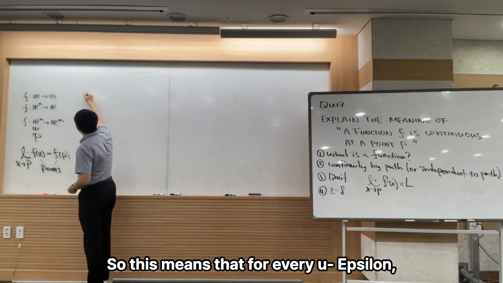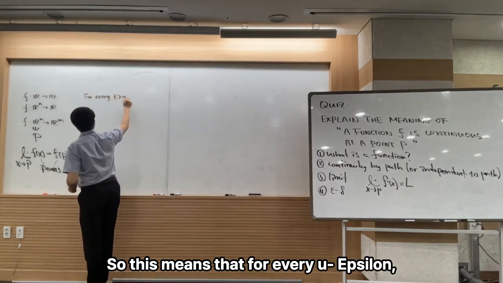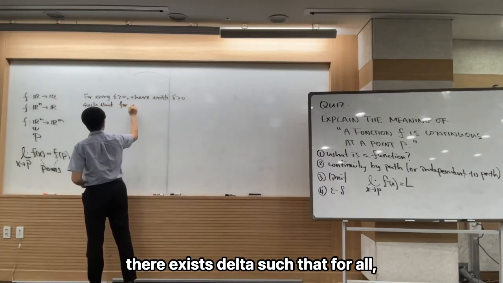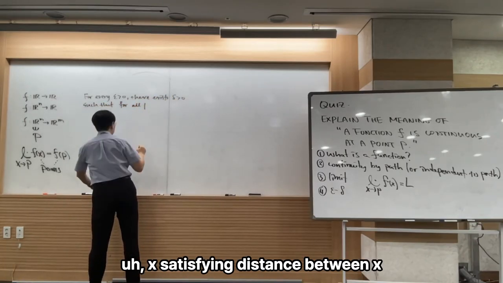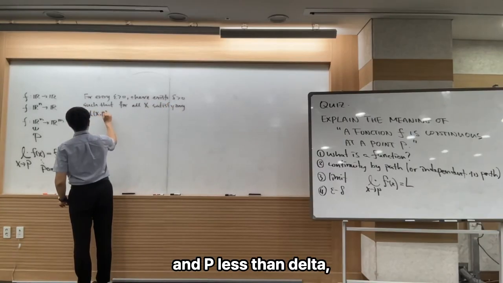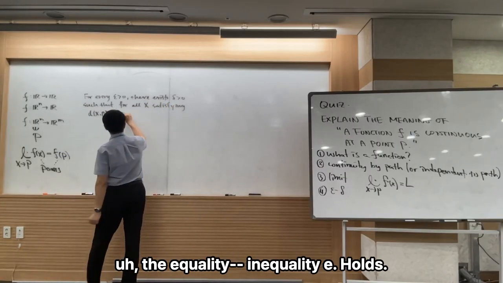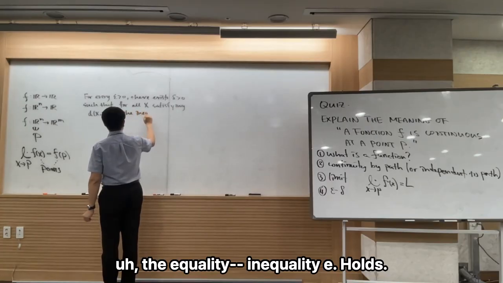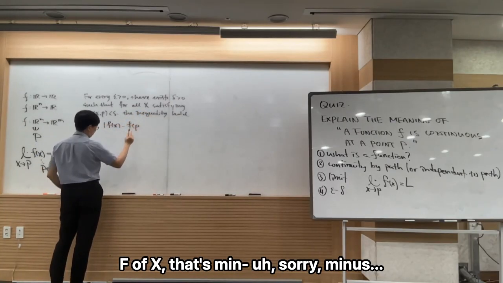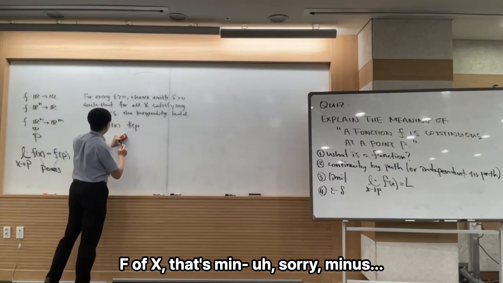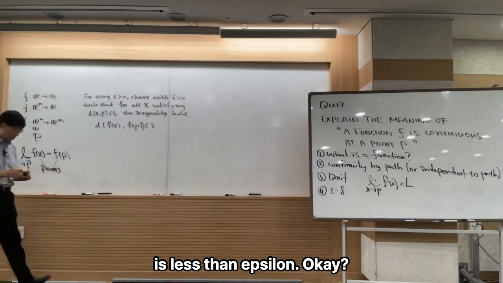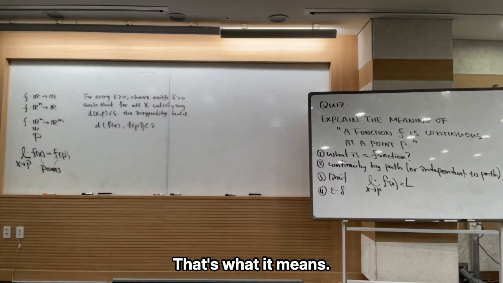So this means that for every epsilon, there exists delta such that for all x satisfying distance between x and p less than delta, the inequality holds: the distance between f(x) and f(p) is less than epsilon. Okay, that's what it means.